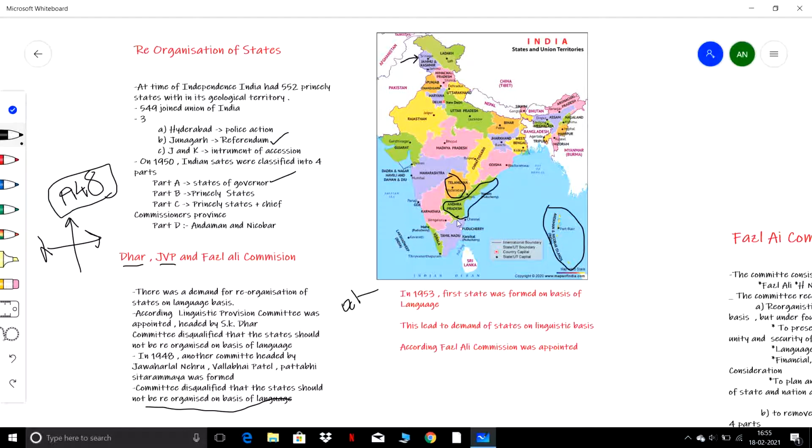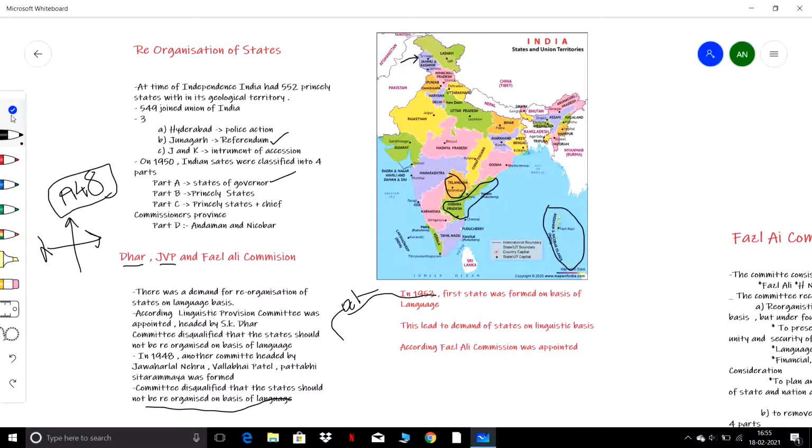As soon as Andhra Pradesh was created, this led to political agitation, and the demand for the formation of states on the basis of language increased. During this period, Potti Sriramulu died while on a hunger strike.